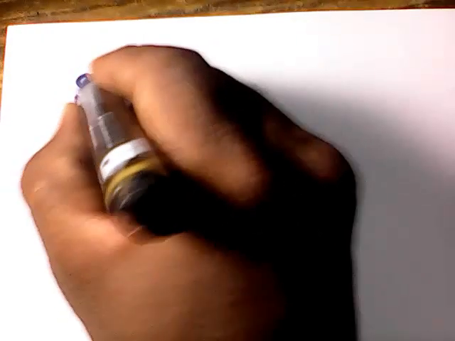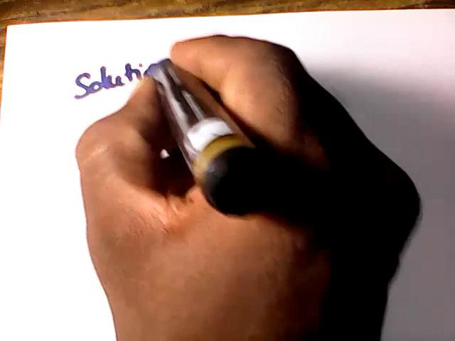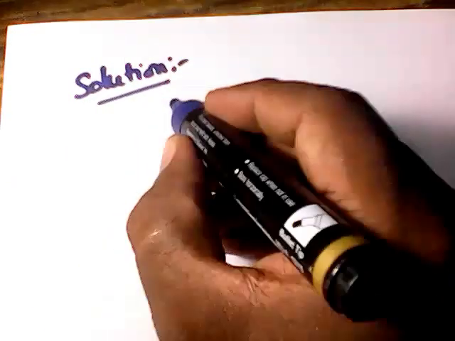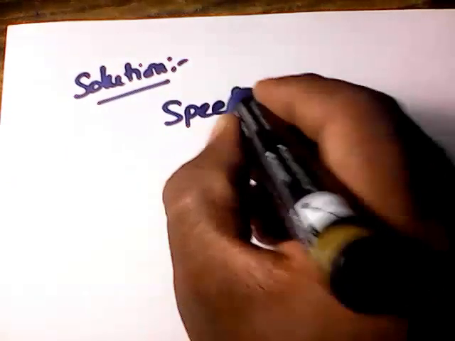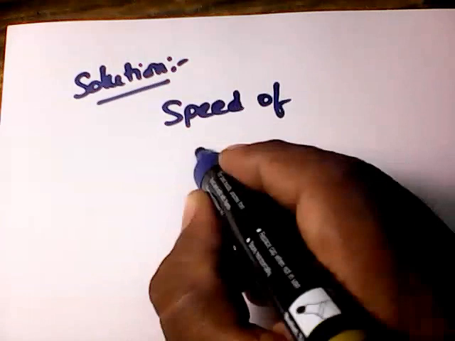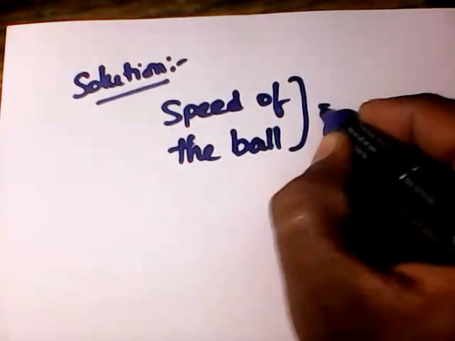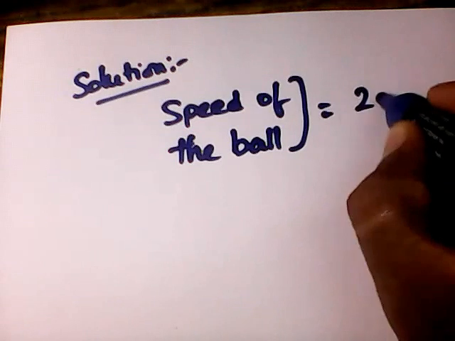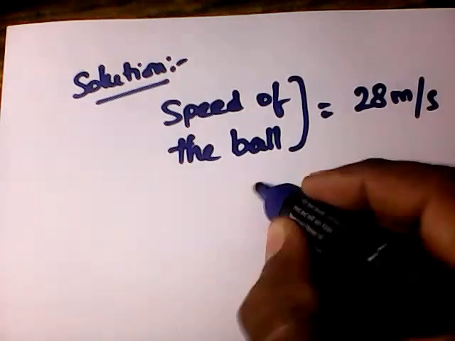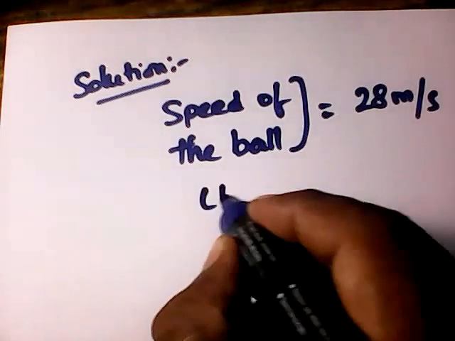First we will see what is the speed of the ball. Speed of the ball is 28 meter per second, which is nothing but initial velocity u.